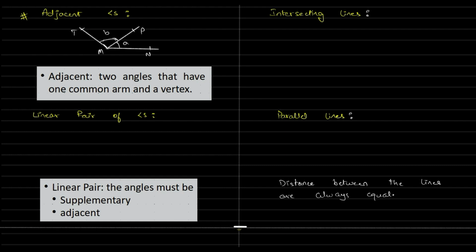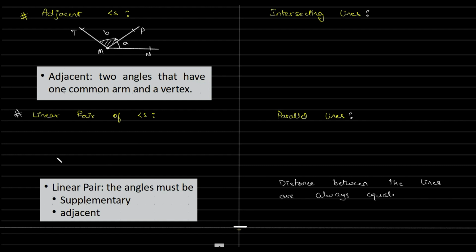So again, adjacent angles are angles which share a common vertex and a common arm. Two angles that have one common arm and a vertex are said to be adjacent. So angle A is adjacent to angle B. Adjacent means neighboring, so these two are neighbors.